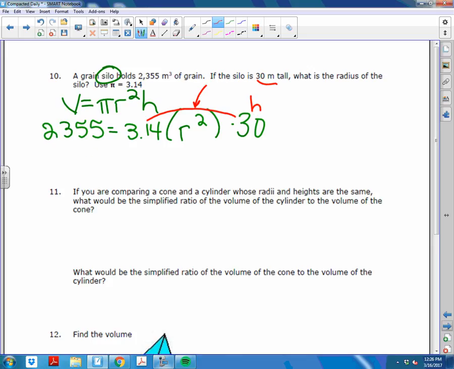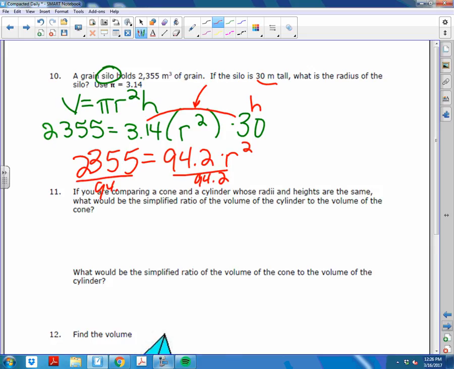And what you end up with is 2,355 equals 94.2 times r squared. If I divide both sides by 94.2, I end up with r squared equals 25, which means my radius is 5 meters.